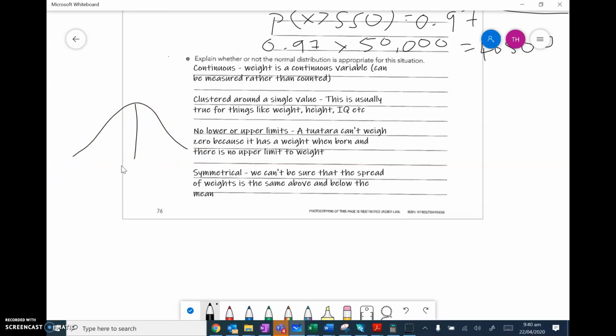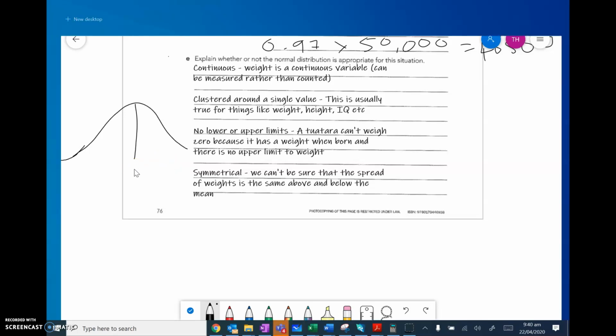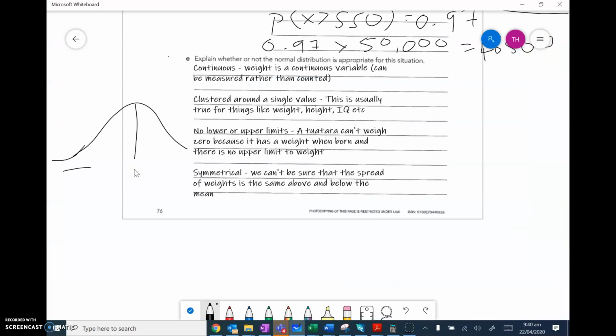No lower or upper limit. So a tuatara can't weigh 0, so no upper or lower limit means this gets closer and closer to a value at the bottom, but never gets there. So it's like an asymptote. The x-axis is like an asymptote, and here as well it gets closer and closer to 0, the probability being 0, but it never reaches it, and so there's no limits.